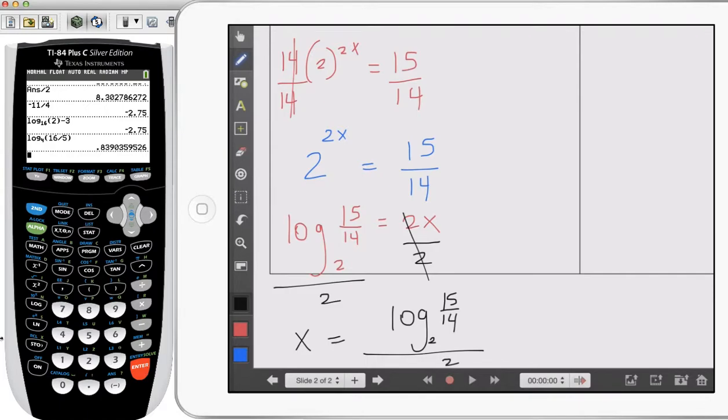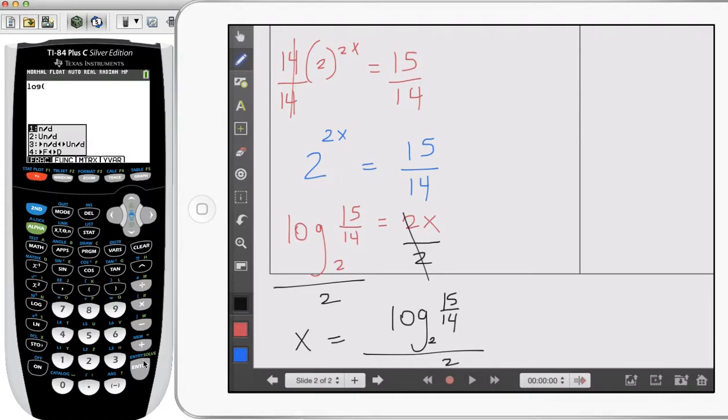So let's find that. Now I'm going to use the change of base formula, and I want to also show you how to do the alpha y equals, just for a change. Okay, so log, and you put alpha y equals.